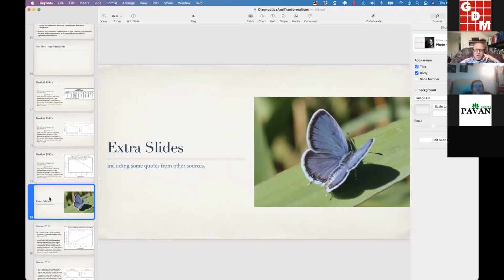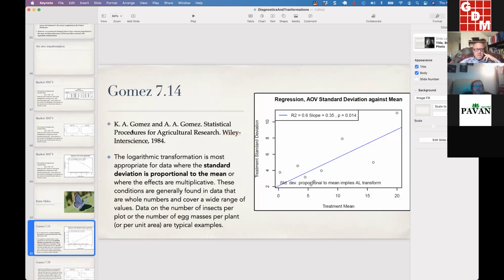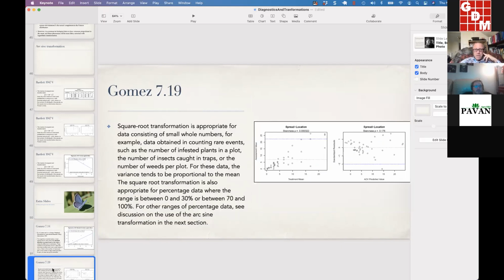I have a few extra slides that you can use. I'll try to run through them briefly. Gomez and Gomez, 1984, Statistical Procedures for Agricultural Research, have some recommendations for the logarithmic transformation when the standard deviation is proportional to the mean.